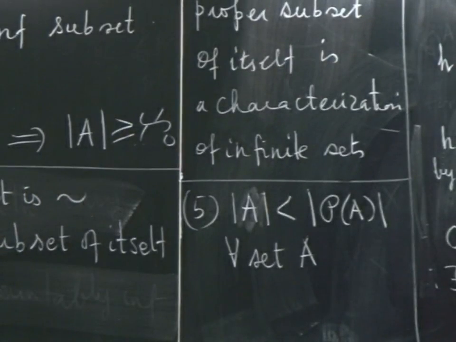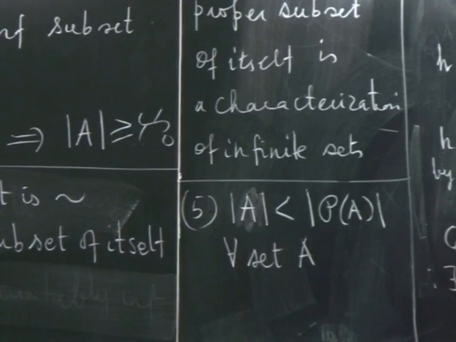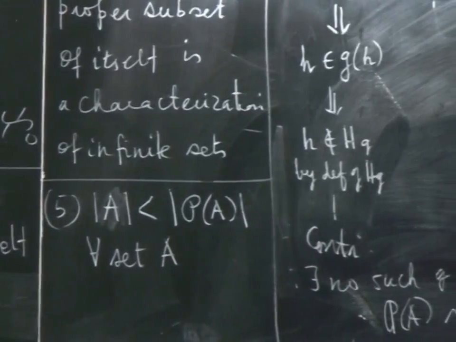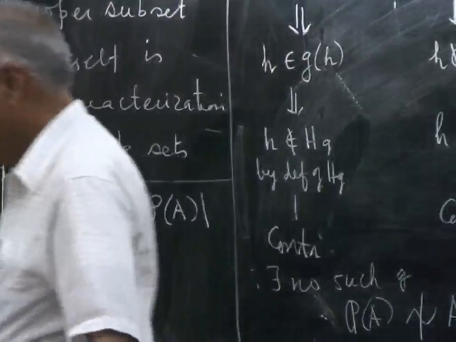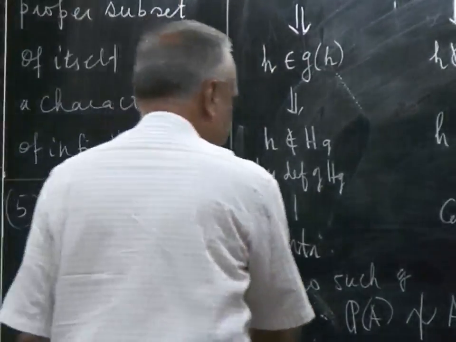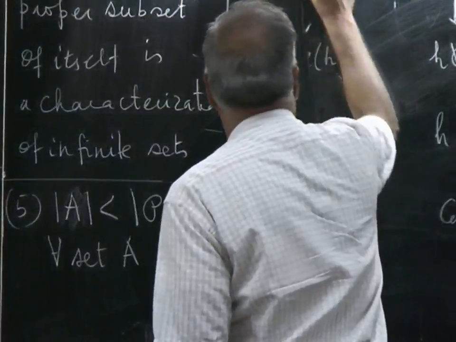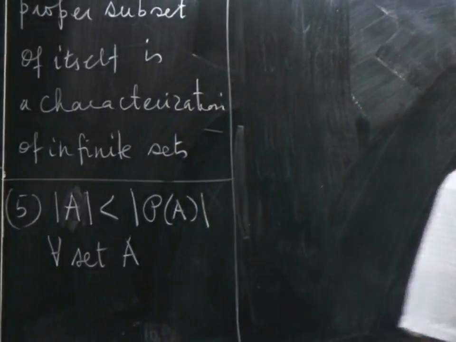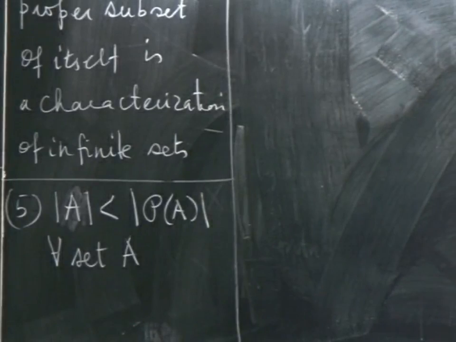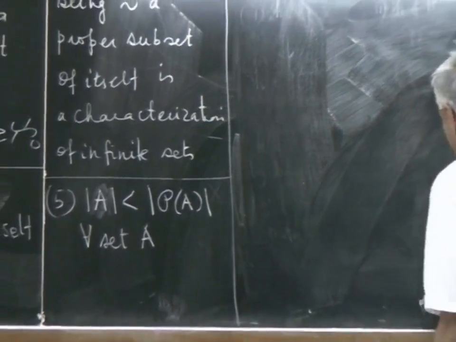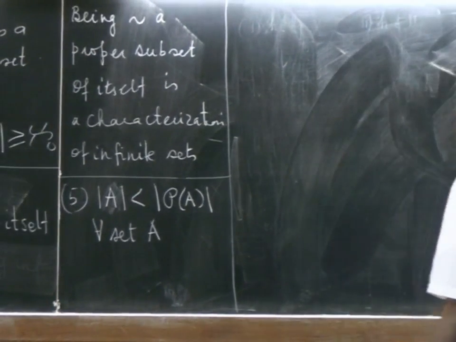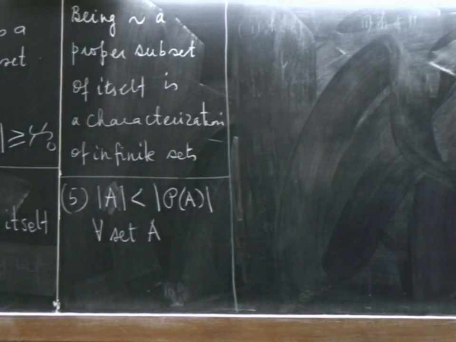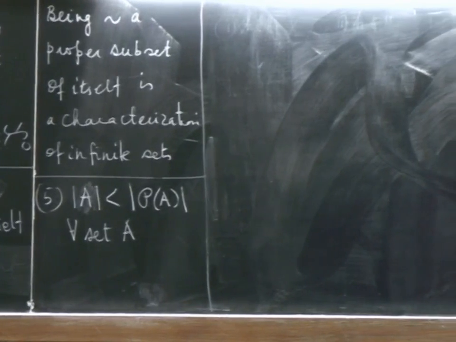In the finite case, it was easy, we could count them. In the infinite case, we have to go through all the matching processes. Okay? And when infinite sets came into being and Cantor did many of these things, there was a lot of commotion, and probably it was not accepted so easily. Okay.